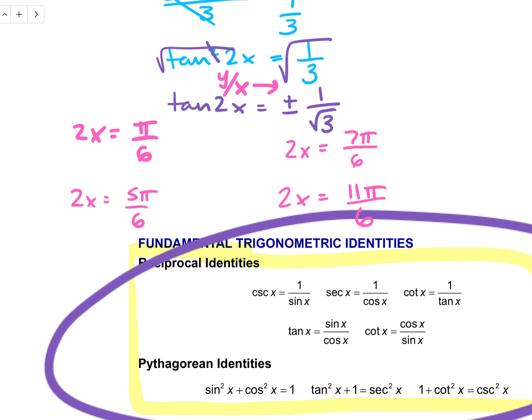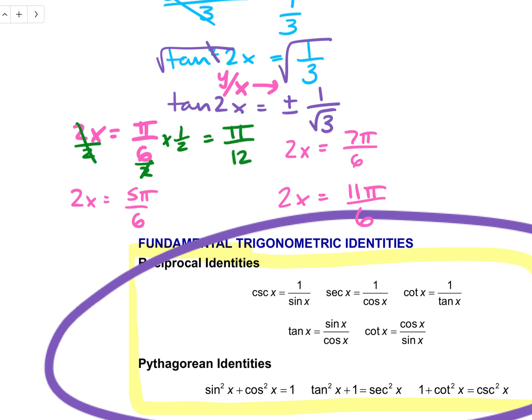Now with our multiple angles, what's our last step going to be here? Divide by 2. So when you have multiple angles, you always save that for the last step, the very last thing that we do. So we divide by 2. What's the same thing as dividing by 2? Multiplying by 1/2. So this would be pi over 12.